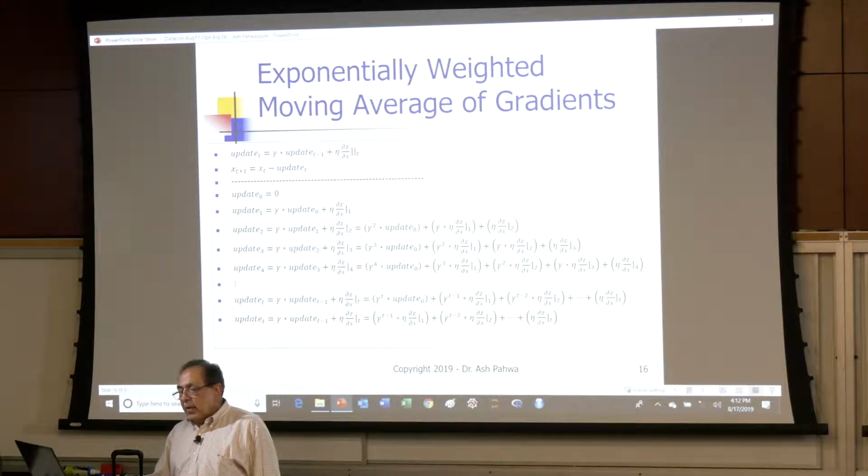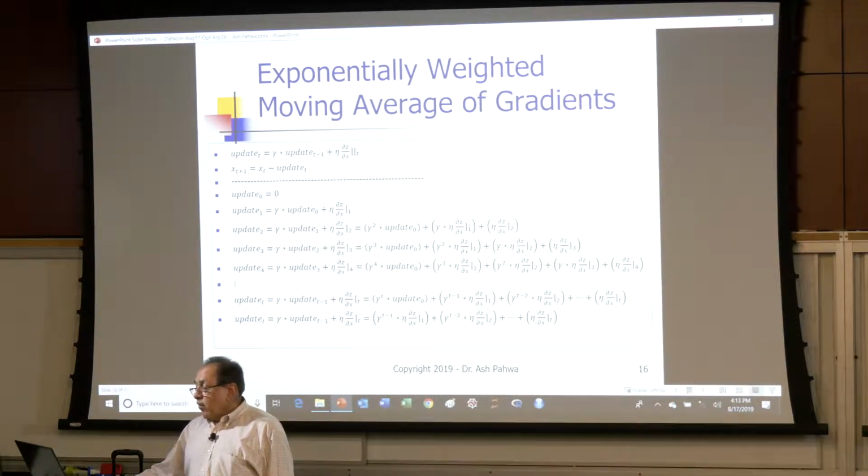So now you can see that if update 0 is 0, then update 1 is equal to gamma times update 0 plus eta multiplied by the derivative. But look at time 2. If I expand the thing, it comes out to be gamma square update 0 plus gamma times my first derivative plus my second derivative, which has been computed at time t2.